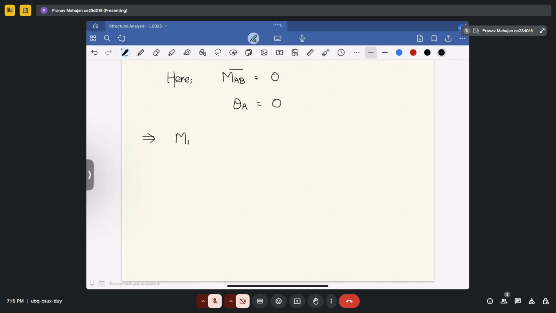Now if you substitute the values, you will get MAB equal to 2 EI upon L, where L is 4, into theta B. That means your MAB will become equal to 0.5 EI theta B. So if you substitute the value of EI theta B, that will become 0.5 times minus 9.6, which is equal to minus 4.8 kilonewton meter.